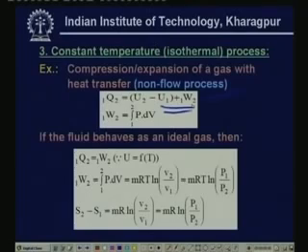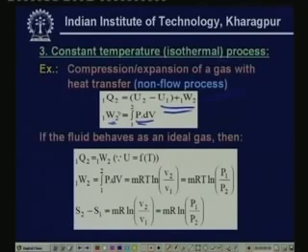And since you have volume change here and pressure also can change, the work done during this process has to be obtained by integrating from 1 to 2, so you must know the relationship between P and V in order to perform this integration and find out the work done. Of course, the process has to be quasi-static, or quasi-equilibrium, otherwise you cannot perform the integration.